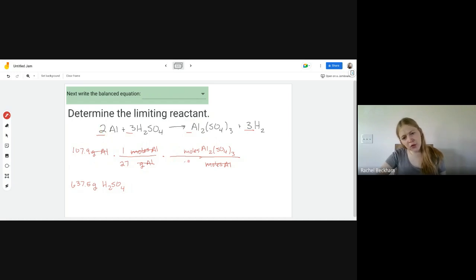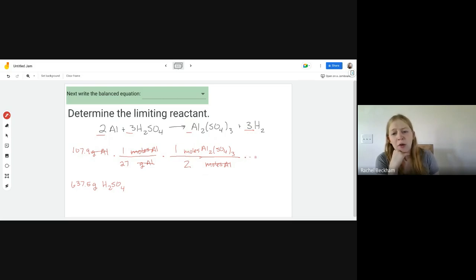So we're going to put the 2 with it right here. With the Al2SO4, there is no coefficient. There is no number, which means that it's just an invisible 1. So basically, we figured out, okay, for every 1 set of this, we have 2 sets of this, right? For every 1 of that, we have 2 of the other. So you get that from the equation.